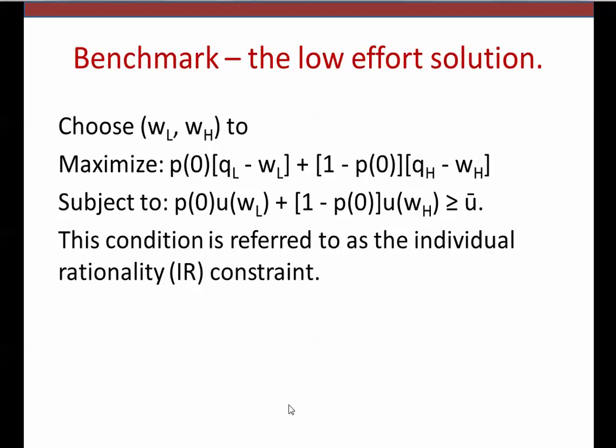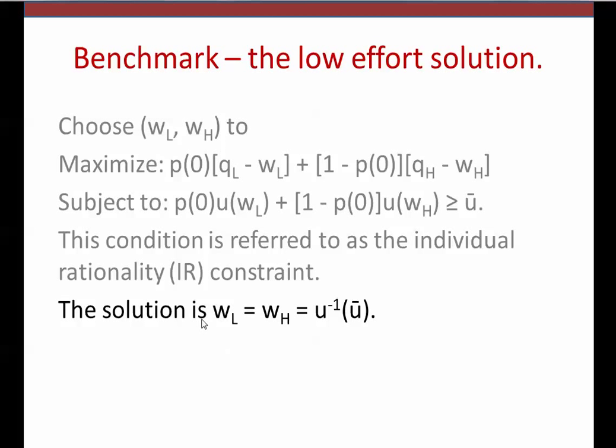So we're going to analyze two cases. One is a low effort solution, and then one is with the higher effort. The principal chooses the payments WL and WH to maximize its objective, subject to the constraint that the agent earns at least as much as the outside option. This constraint is referred to as the individual rationality, or IR constraint.